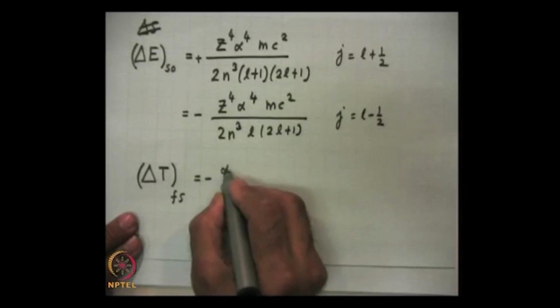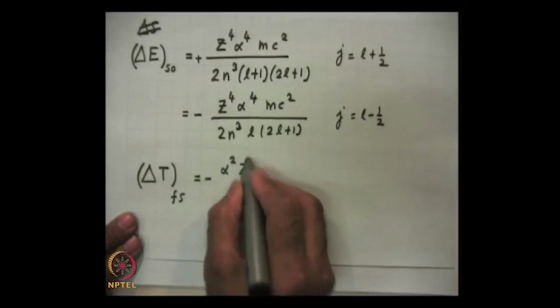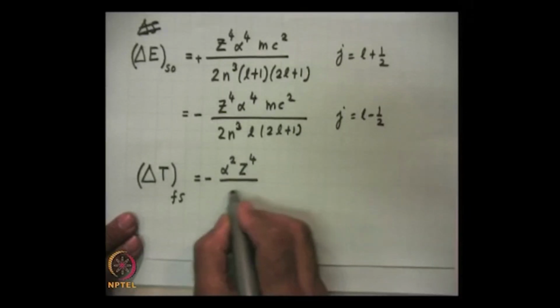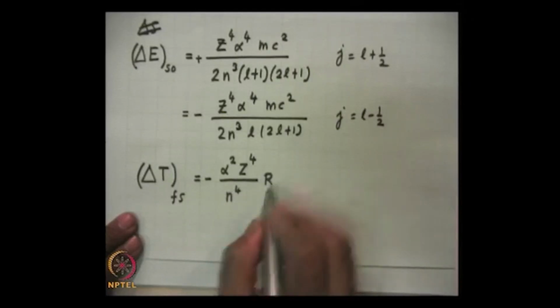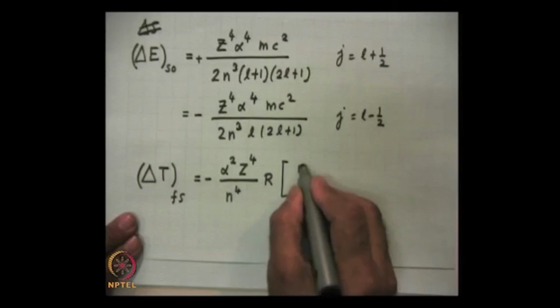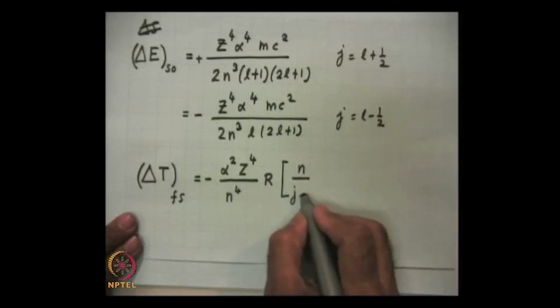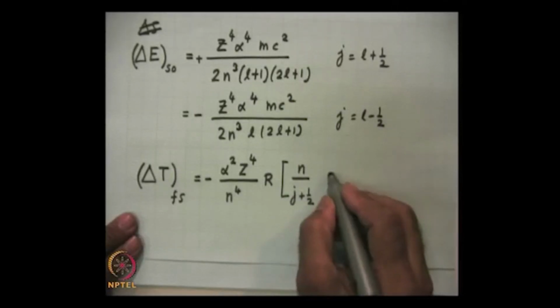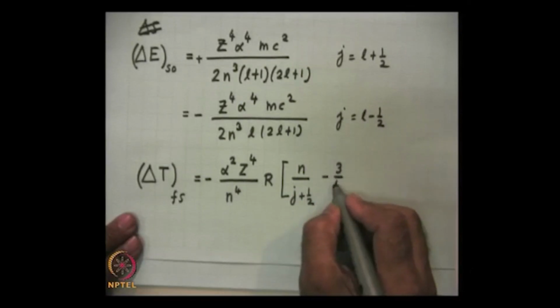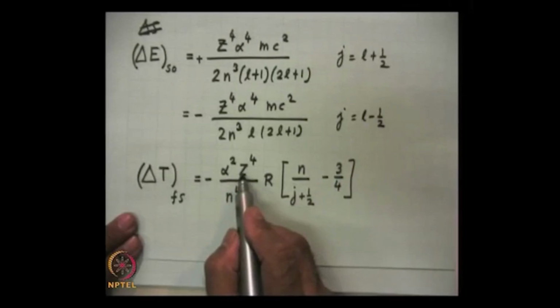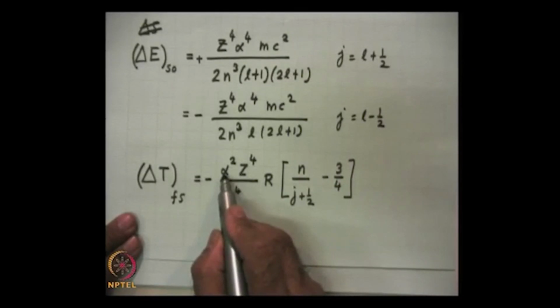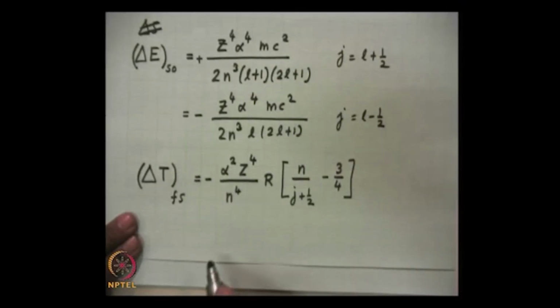You can combine it into one formula, alpha square z to the power 4 divided by n to the power of 4, R is the Rydberg constant, n by j plus half minus 3 by 4. Z is equal to 1 for hydrogen, alpha is 1 over 137, and the Rydberg constant value I have taken.